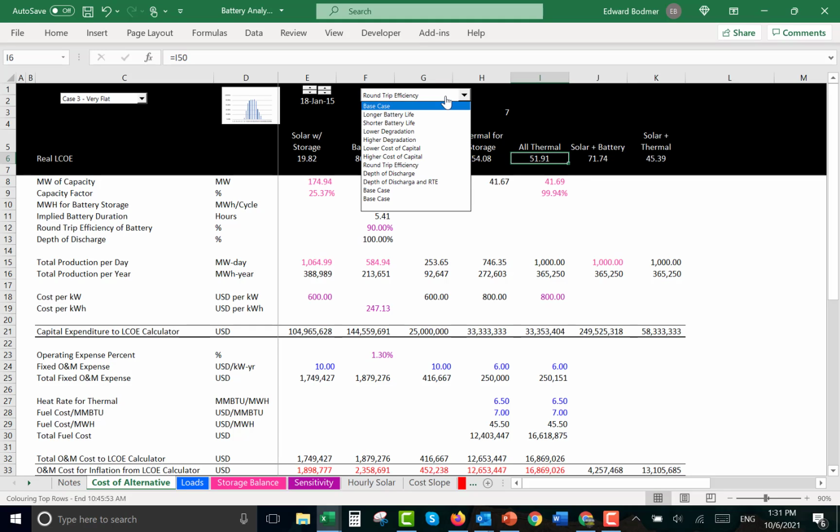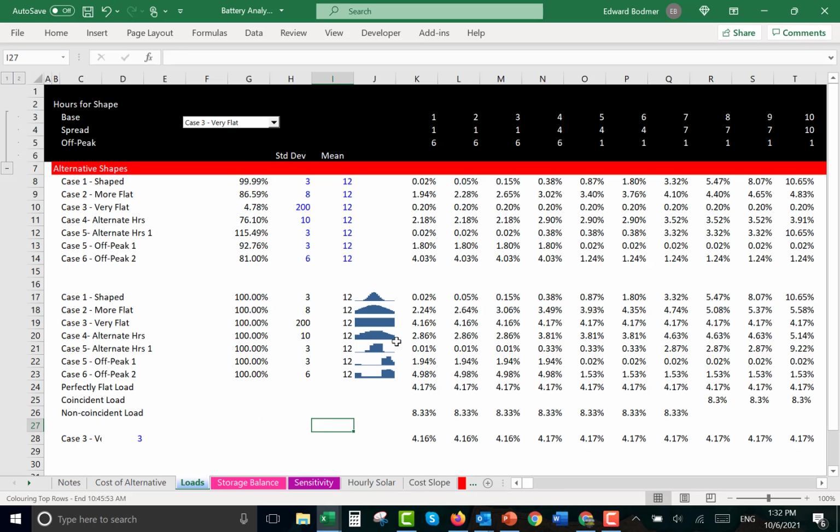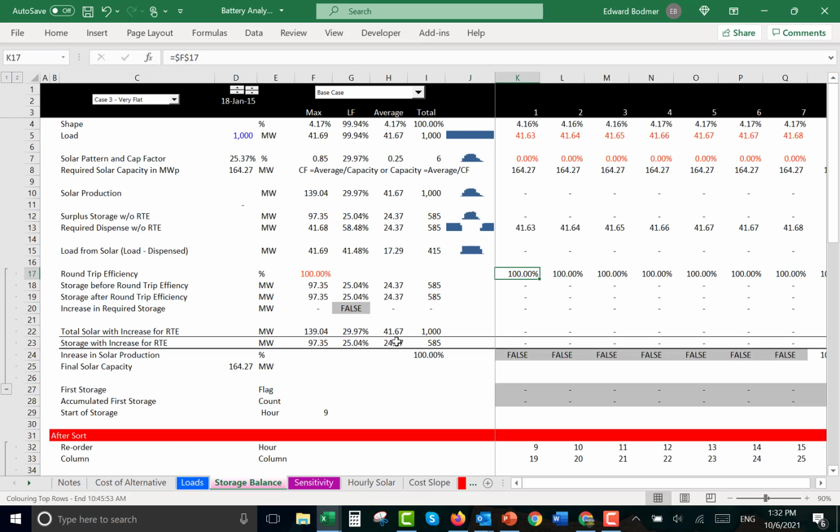If we didn't have round trip efficiency, I'm looking at this number, even that 10% is quite a big number. And our round trip efficiency, again, comes from some sensitivity analysis. So I'm trying to illustrate to you with this model and this analysis that these things can make a pretty big difference.